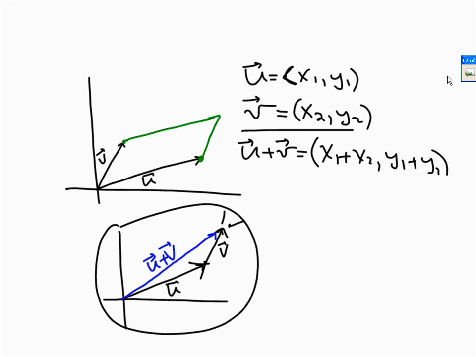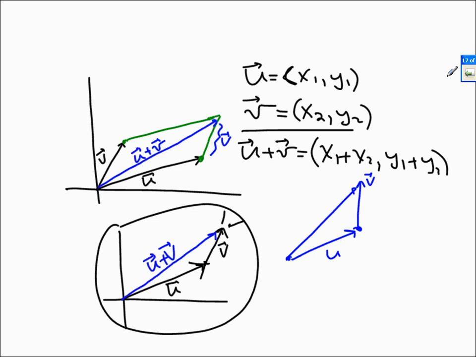And you say, that wasn't so bad. And you're like, what are you talking about? Well, here's what I'm talking about. That blue vector is u plus v. Why is that? Because this vector right here is v. That vector right there is v. If you start here and you end there, and then you start here again and end up there, well, then that's the sum.